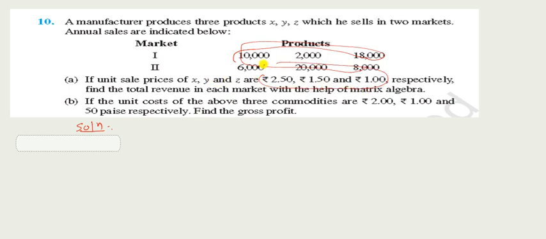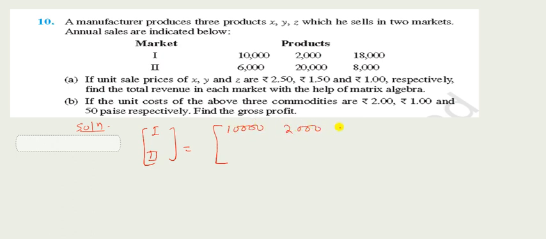Okay, so for that what we will do, this is the market, suppose market 1 and market 2, right? This is on one side and next it is equal to, first one is 10,000, this one is 2,000, 18,000, next it is 6,000, 20,000 and this is 8,000.